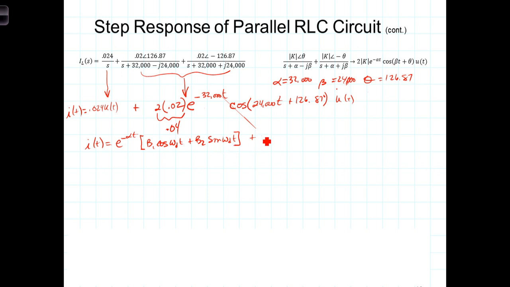It's sometimes referred to as the in-phase and quadrature terms. And then, of course, we have the final current associated with it.